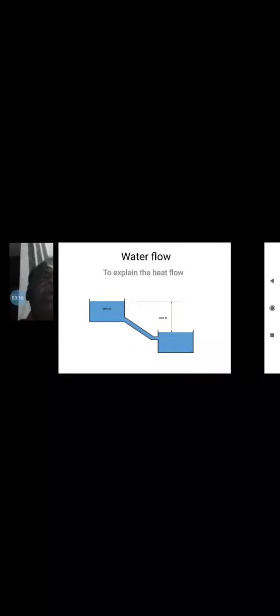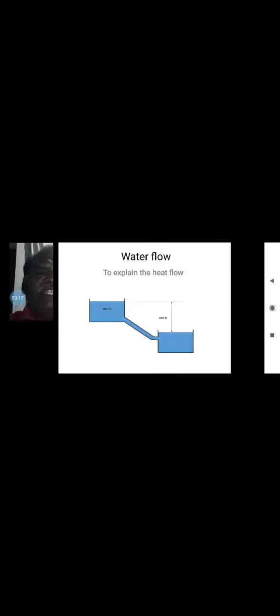Second one, the length of the tubes. If length is small, more amount of liquid will cross from a tank at a higher level to lower level. And the third one is the area of cross section of the tube. If the cross section area of the tube is more, more water will flow from the higher level tank to the lower level tank.